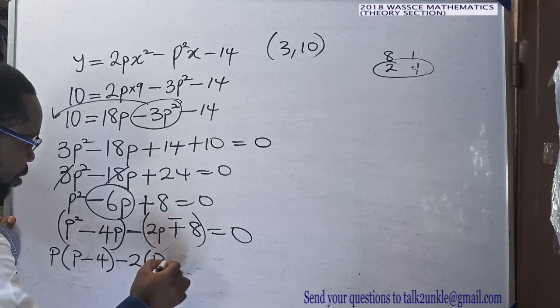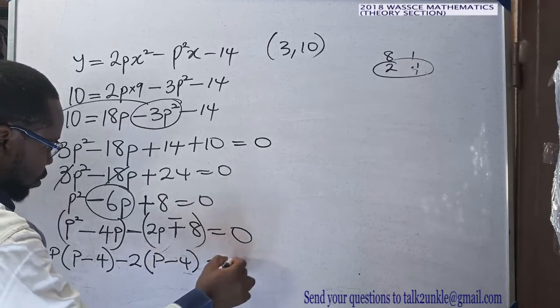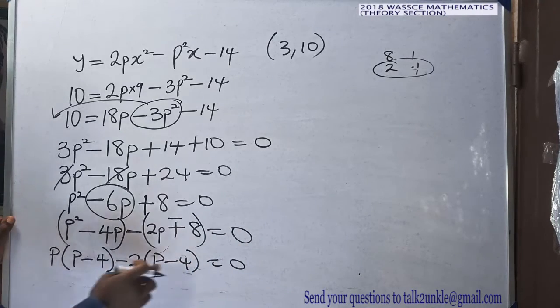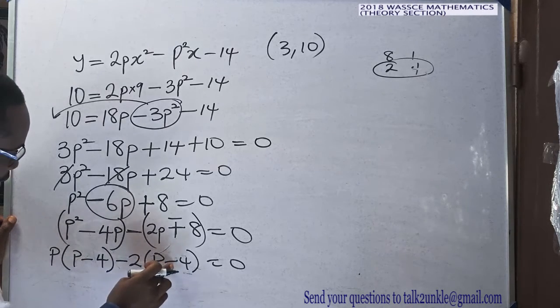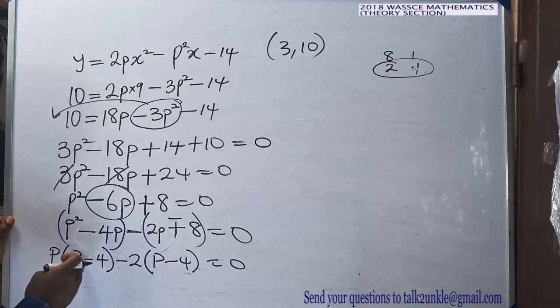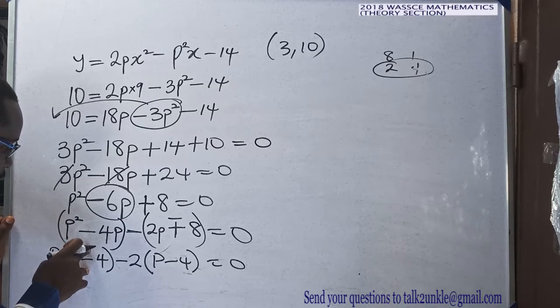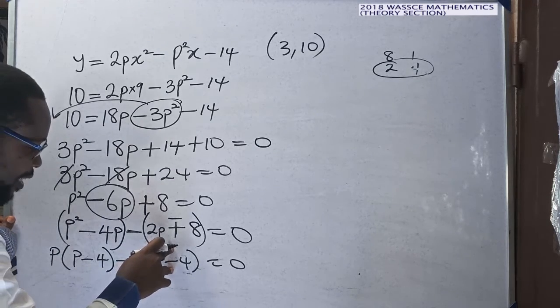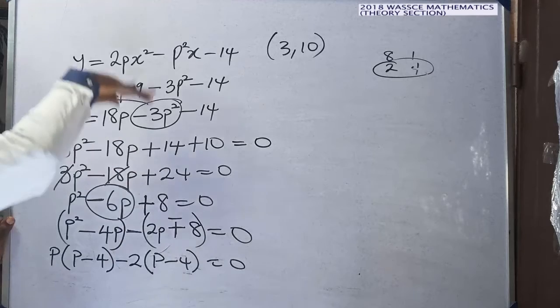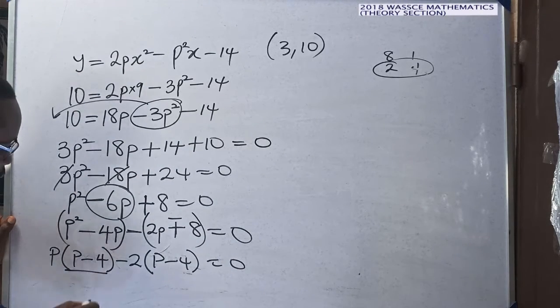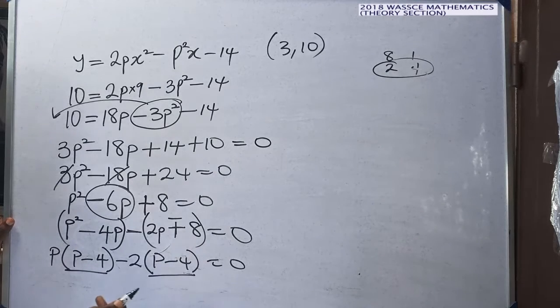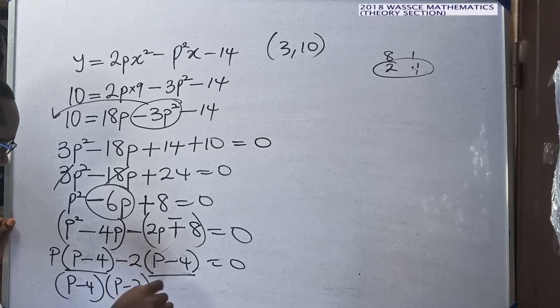We have p minus 4 is equals to 0. At this point, whenever you get to this point, and notice that you have the same thing and the same thing, that means you're right. But if you have a different number here, different from this expression, that means something is wrong from the calculation up here. So since we noted we have p minus 4, p minus 4, that means we are actually correct. So we can say p minus 4 bracket p minus 2 is equals to 0.